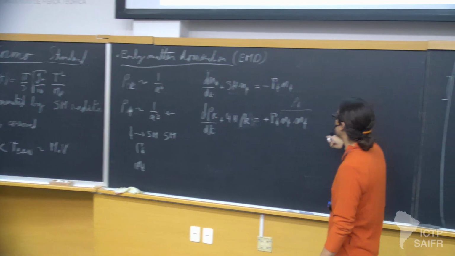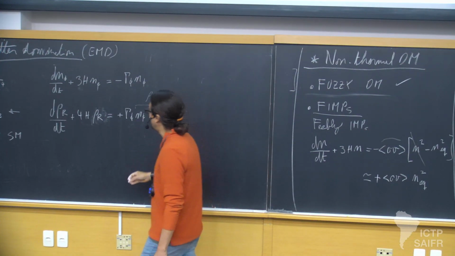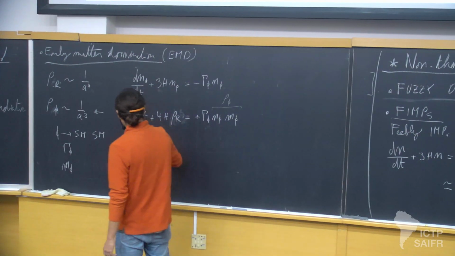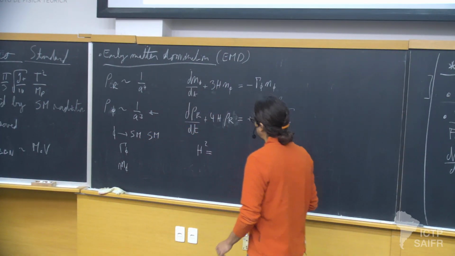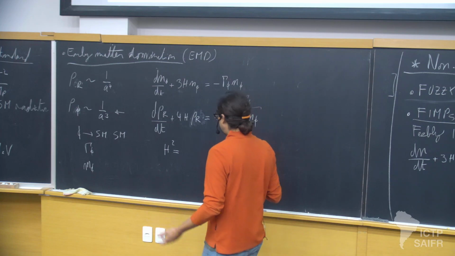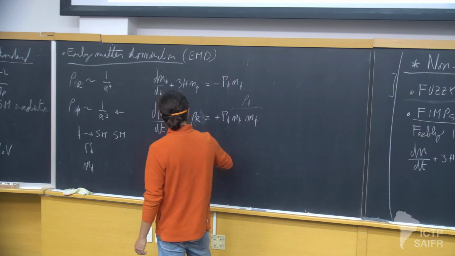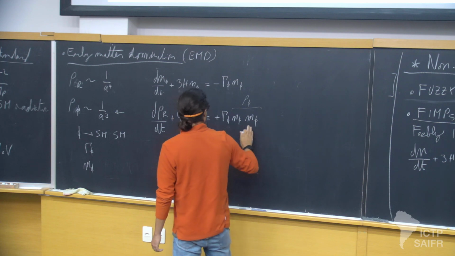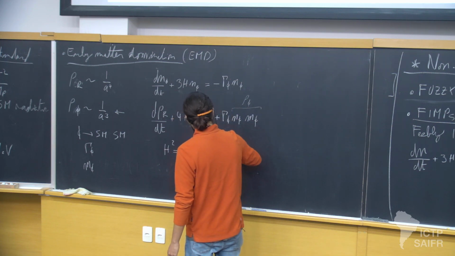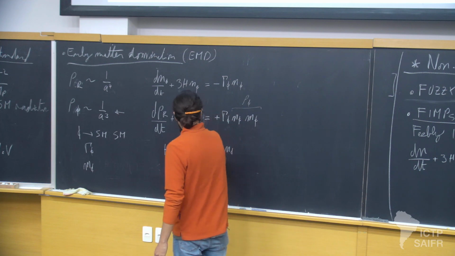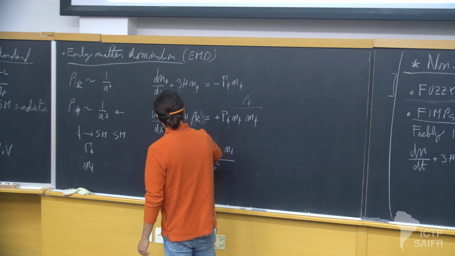So these two equations are coupled because of the source term, but also because of Hubble. Because in Hubble squared we have to include all the species, all the energy density. So we have radiation as before, but also this guy phi with an energy density which is m phi times n phi over 3 m Planck squared.